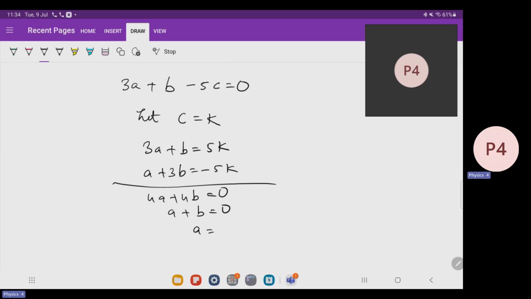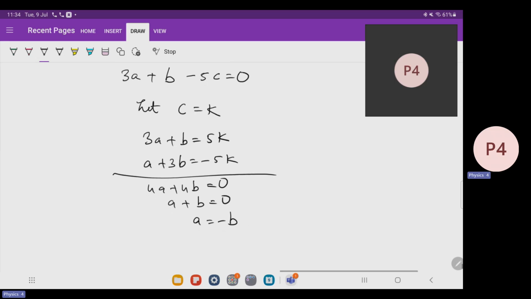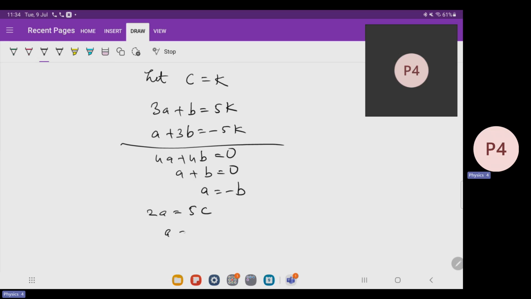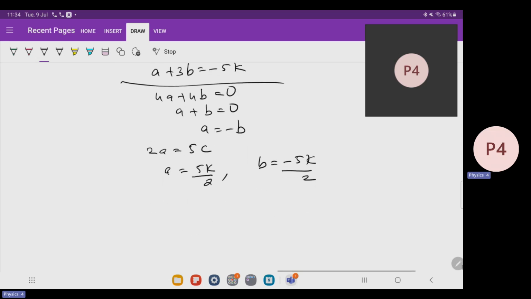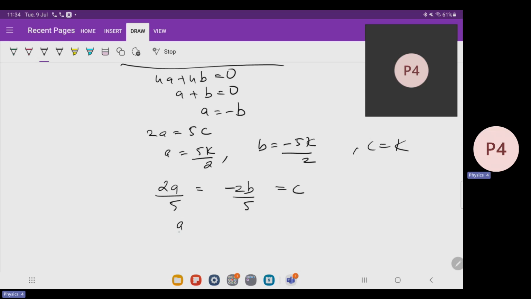A is equal to minus B. So if we use this in this equation, B is minus A, so 2A is equal to 5C. So we will get A is equal to 5k by 2 and B is minus 5k by 2 and C is k. Now forming an equation with this, we get 2A by 5 is equal to minus 2B by 5 is equal to C. You divide by 2, you will get A by 5 is equal to minus B by 5 is equal to C by 2.